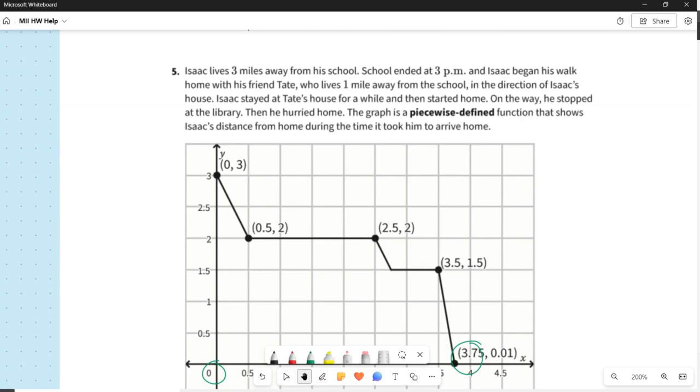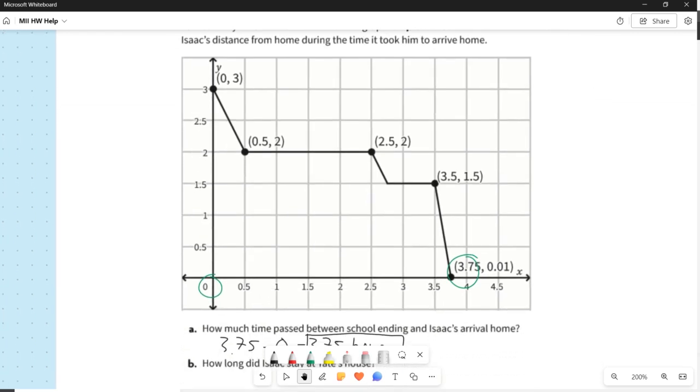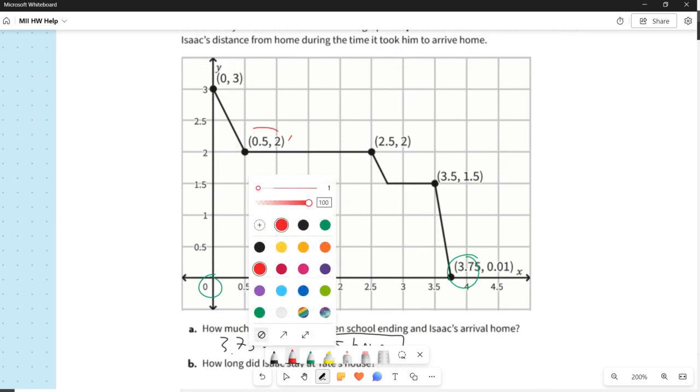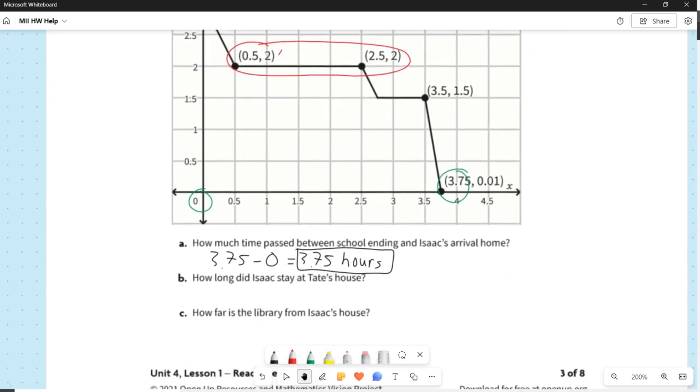He stopped at Tate's house, and then he stopped at the library. So this section right here, where his distance from home is not changing, represents the time that Isaac was at Tate's house.